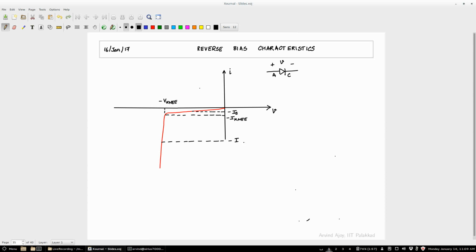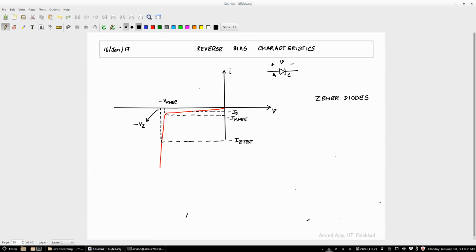Okay. So just as for the forward bias, we had defined something called an I test, right? And then we had defined the cut-in voltage based on that I test. Similarly, you can define something like IZ test, and correspondingly you can have a minus Vz.